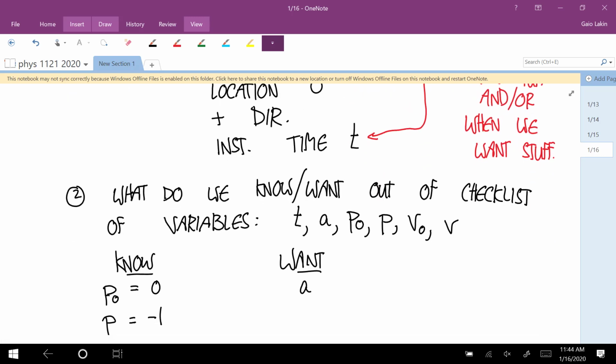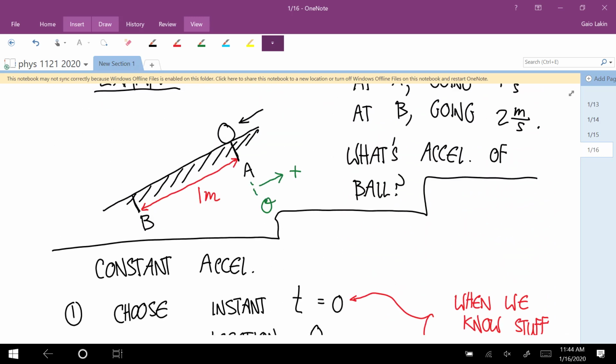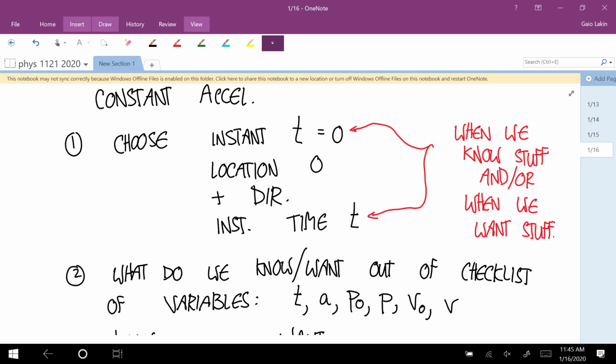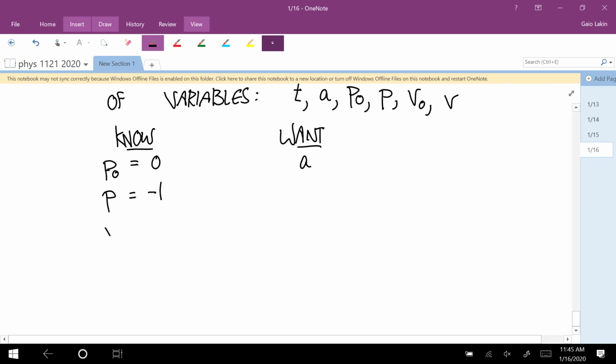What about V0? Do we know the velocity at the instant the ball passes A? Yes, so we know that the speed is 1 meter per second. The direction is down the ramp, which is in the negative direction. And so V0 is -1.